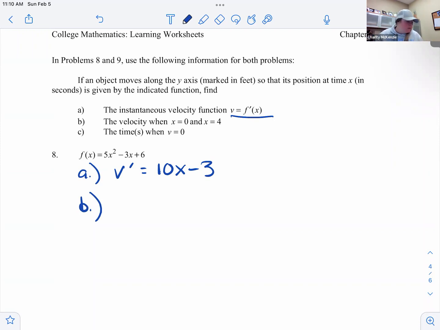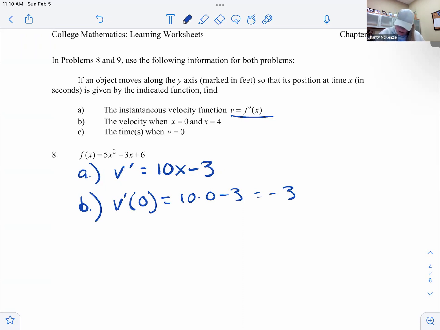The velocity when you're at 0 and 4. So velocity, we know, is when you put the value into the derivative. So this is going to go 10 times 0 minus 3, which is just -3. So the velocity at 0 is -3. We're not moving.